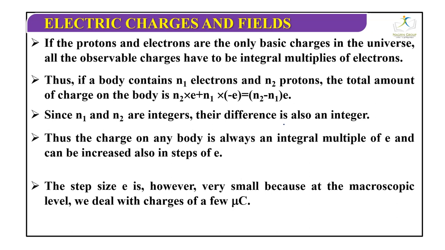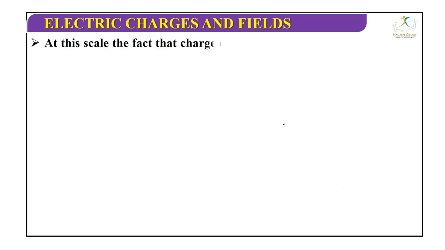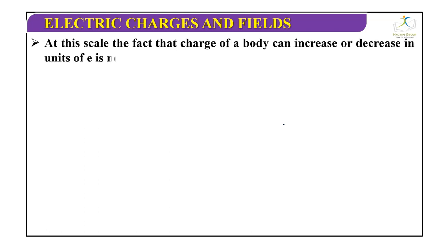So if we want to transfer or relocate charges, there will be a few steps, and if the steps are of e, however very small, because at the microscopic level we are dealing with a few microcoulombs, or we can take millicoulombs also, at this scale the fact that charges can increase or decrease in units of e may not be visible.